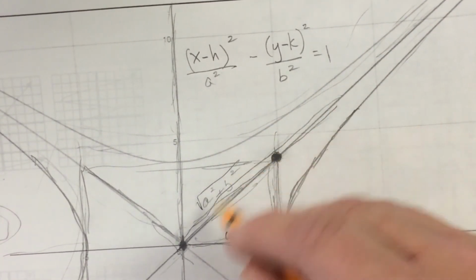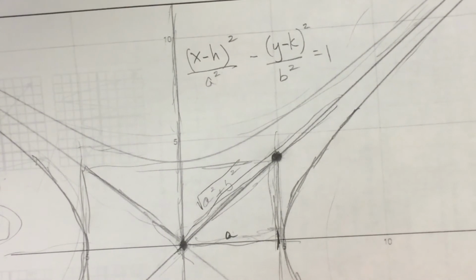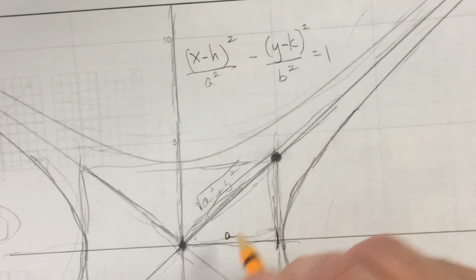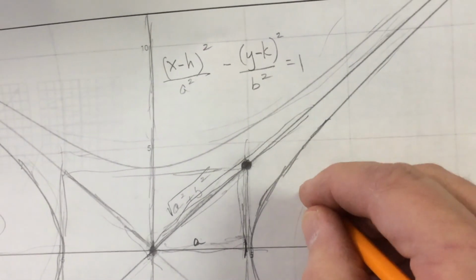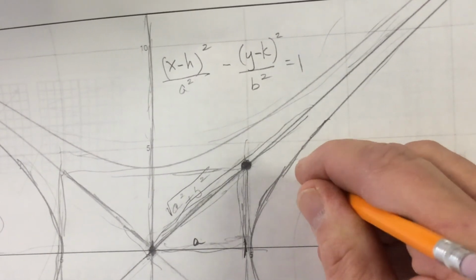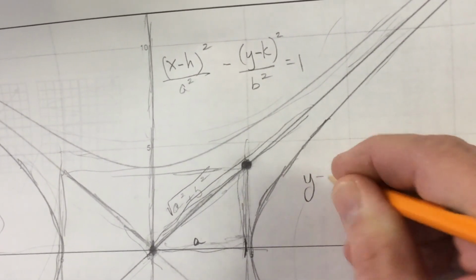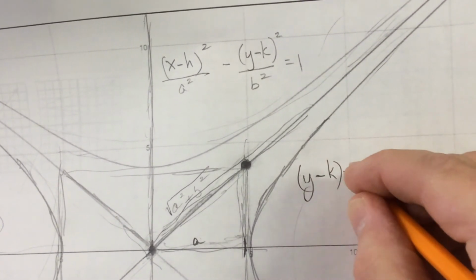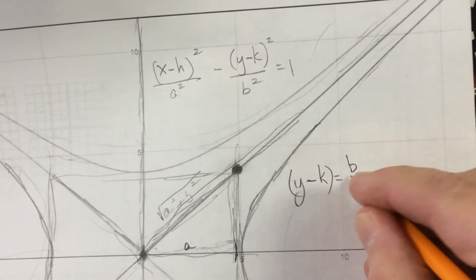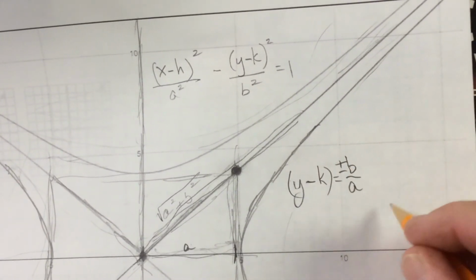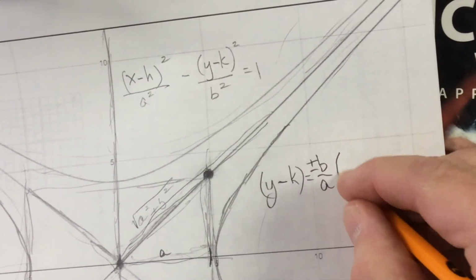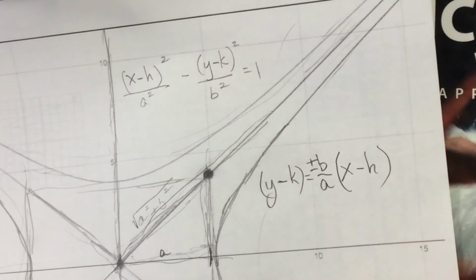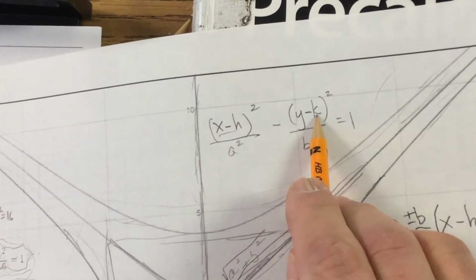And if I know the slope and a point on the line, I can write what they call the point slope form of the equation, which is y minus y1, which in this case would be k, is equal to plus or minus b over a, because that's my slope, times x minus h, which coincidentally are these numbers right here.